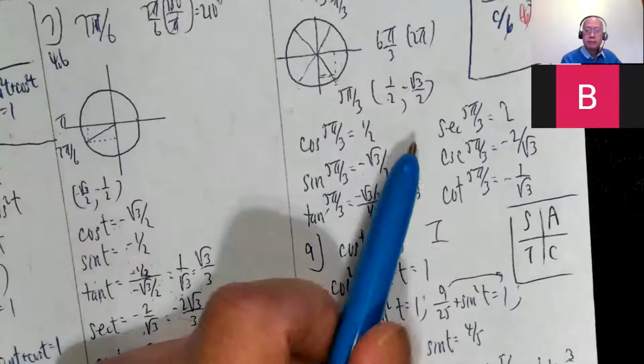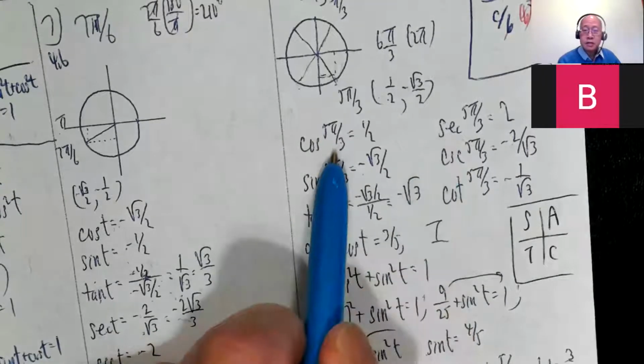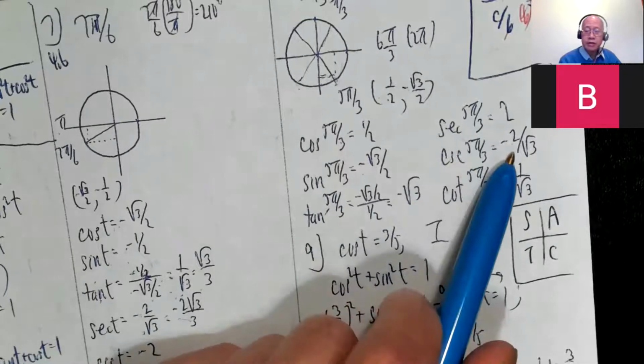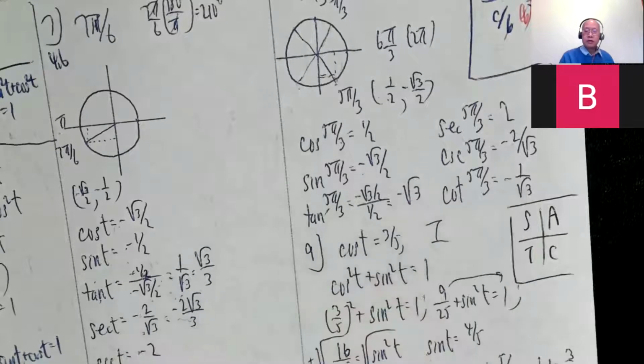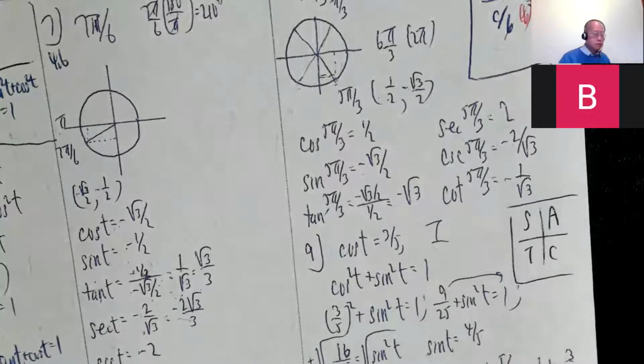And then I just flip. Flip, flip, flip. So the flip of this is 2. Flip of this is negative 2 over radical 3. You can leave it like that. Flip that, negative 1 over radical 3. Okay. So that is that.